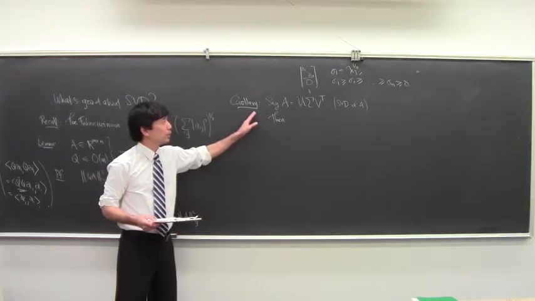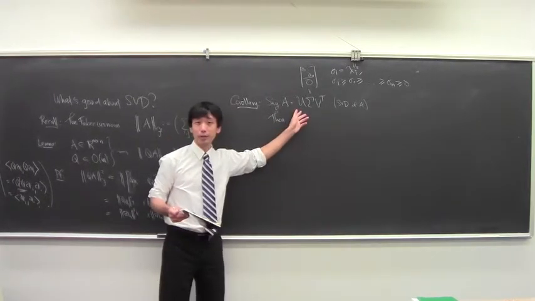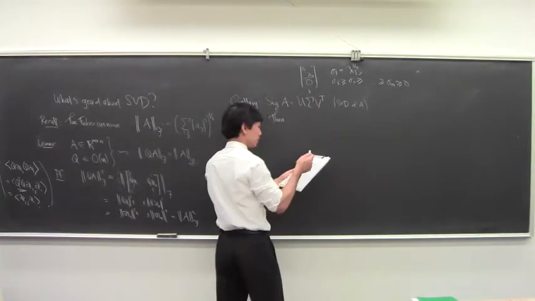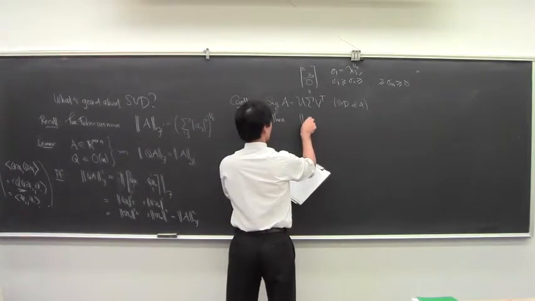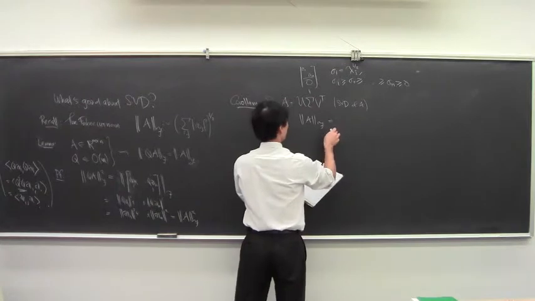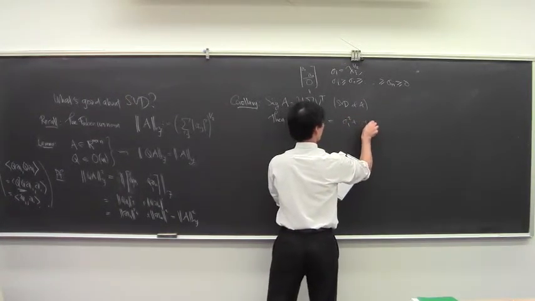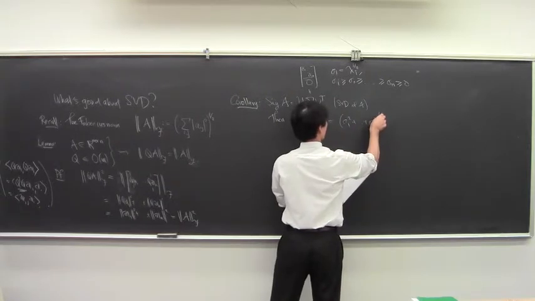So suppose that you have a singular value decomposition. What the previous lemma gives us is something nice: the Frobenius norm of the matrix is actually the sum of the squares of the singular values, to the 1/2.